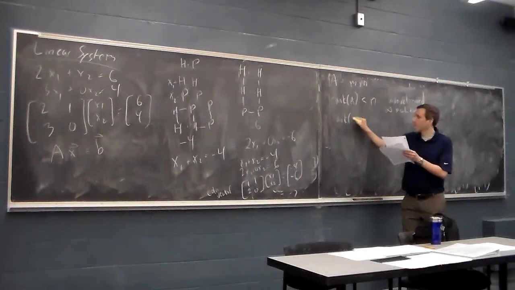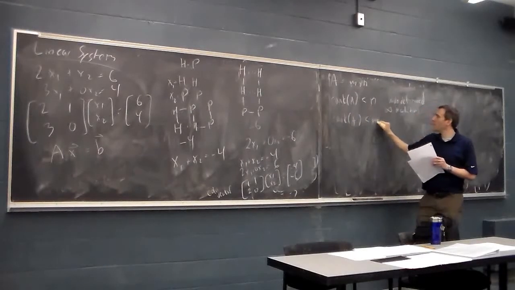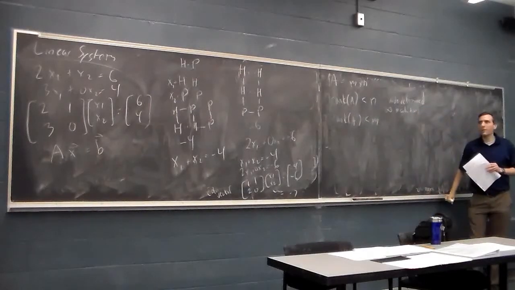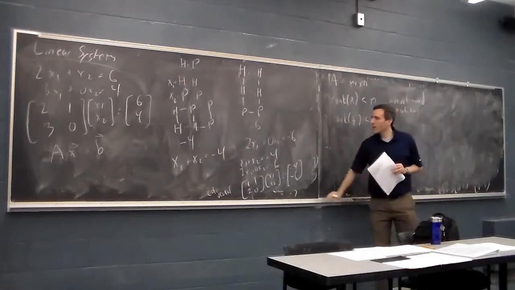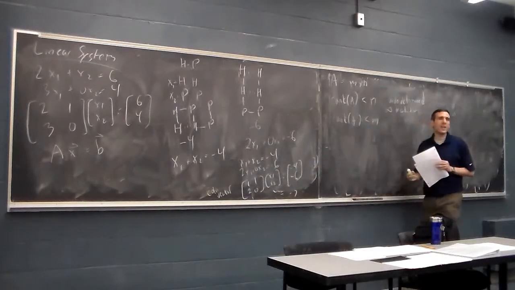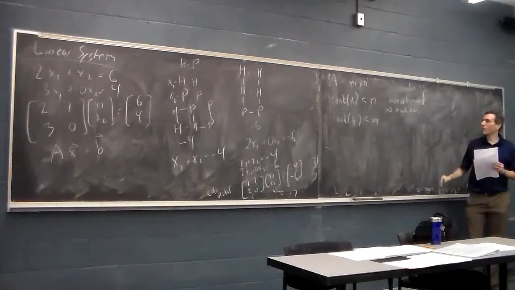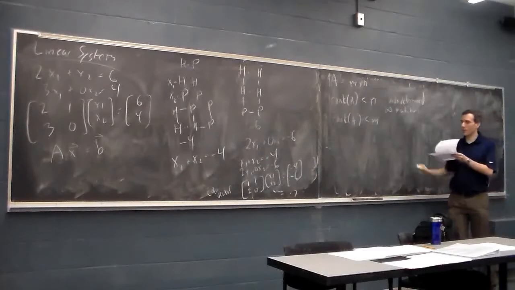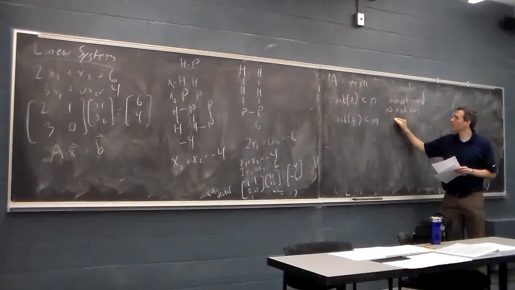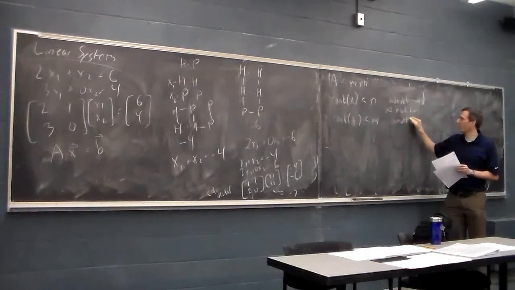When the rank is less than m, normally this would come up in the case where we have more equations than we have variables, or so we have more things constraining the variables than there are variables. We end up with what's called an overdetermined system.